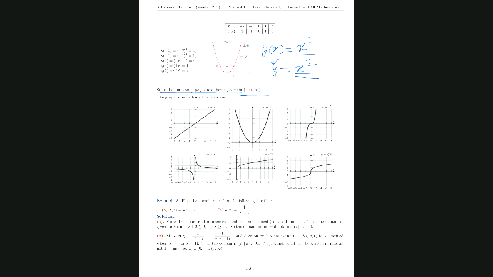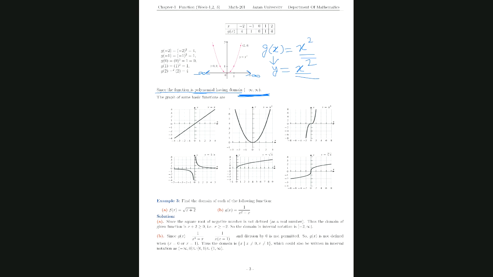This type of function is called polynomial. So all the time the domain of x is minus infinity to infinity. Here positive infinity and here negative infinity is the domain.